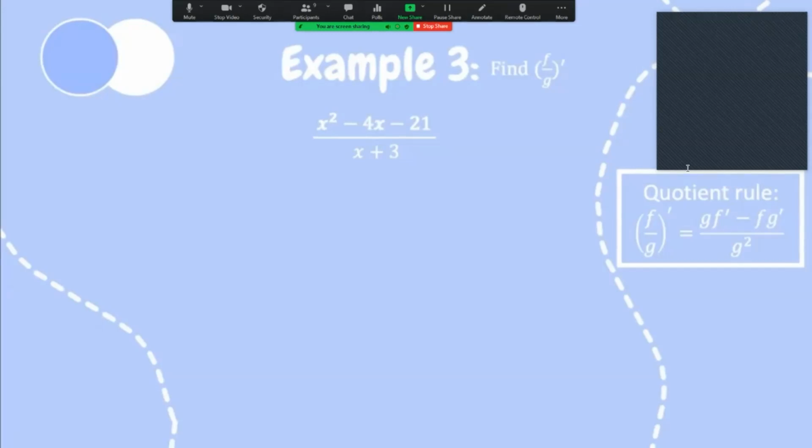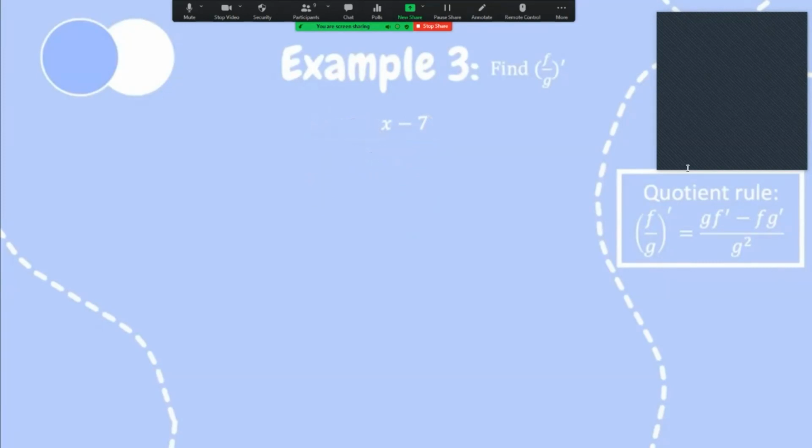If at all possible, when you're trying to take the derivative of a quotient, you want to see if you can factor something out. Like notice, x squared minus 4x minus 21 factors into x plus 3 times x minus 7. And you may notice that the x plus 3's cancel out, and look at that.